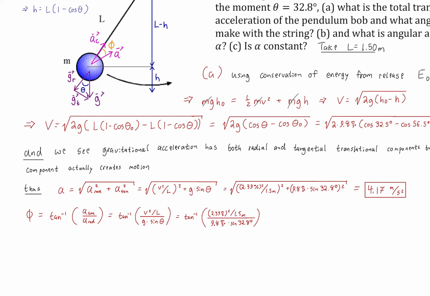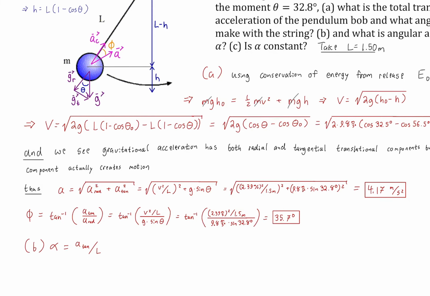It should be opposite over adjacent, so it should be tangential over radial, which I wrote correctly, but then I put radial over tangential. I'll fix it in the upload. So take note that this is not right because I swapped the order. Please look for the corrected value. It will not be 35 degrees. That's too large. It's going to be a different value than that. Typo caught in the lecture, so please take note of it.